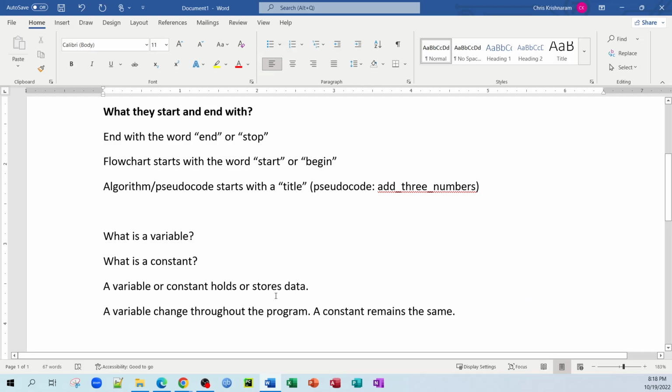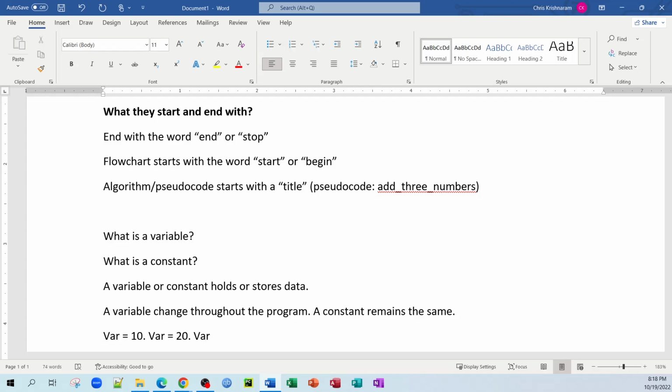Either way, good. So a variable changes throughout the program, so it holds that data. So say for instance the variable is equal to 10, then throughout the program that variable could change to 20, that variable could change to 1,000, 10,000.